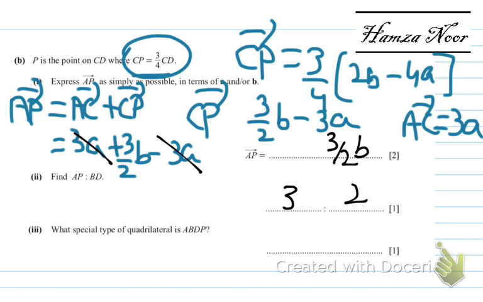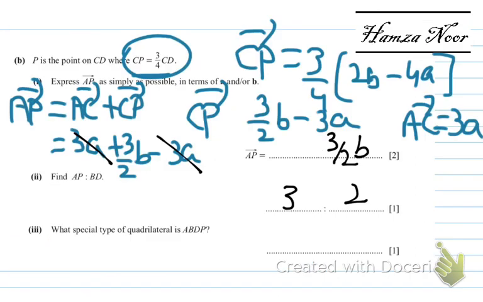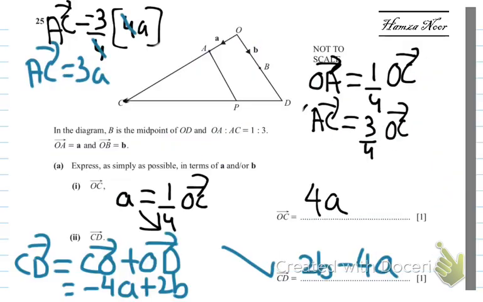Alright, what special type of quadrilateral is ABDP? Let me just remove the working. You can take a screenshot if you want. What is the quadrilateral?